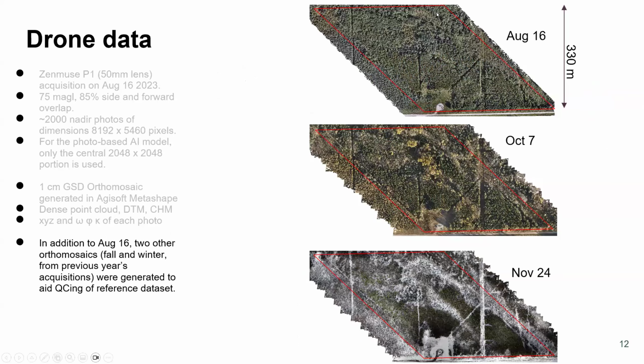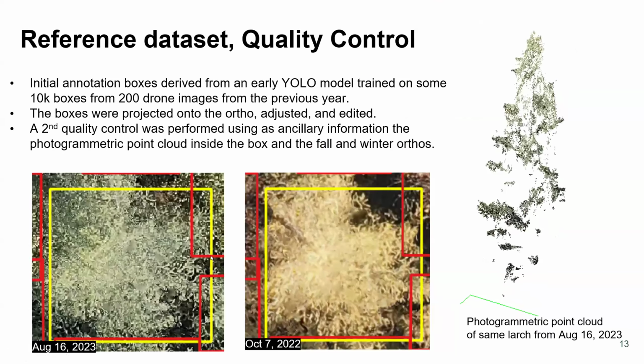So we are working on this August orthomosaic, but we also have from other dates a fall one and even a winter one that we're going to be using to help the photo interpretation. So for the photo interpretation, instead of drawing bounding boxes around each tree crown from scratch, to save time, we use an initial YOLO model that our UFA colleagues trained on annotations they created.